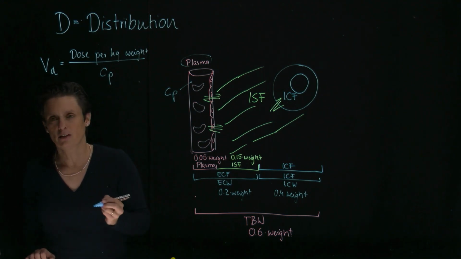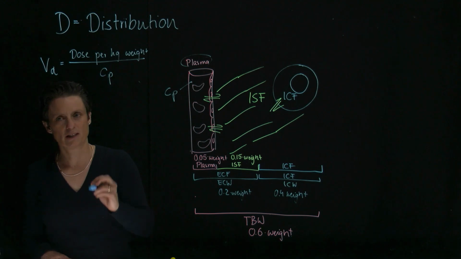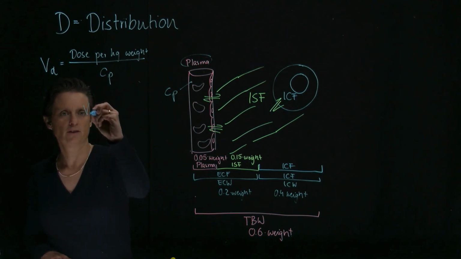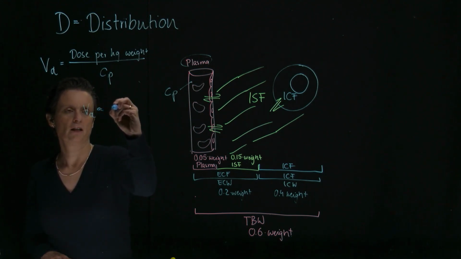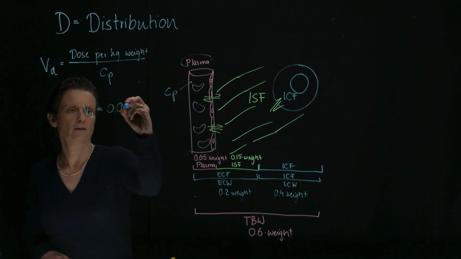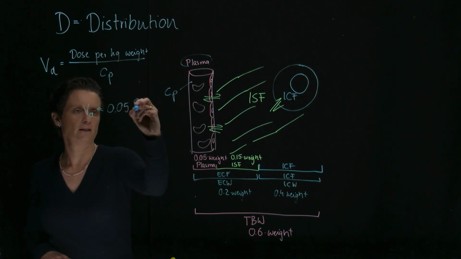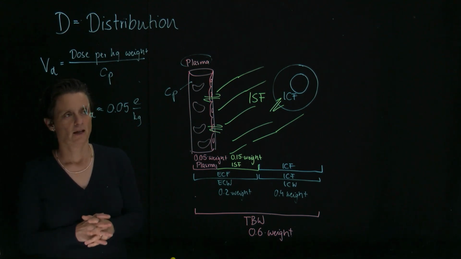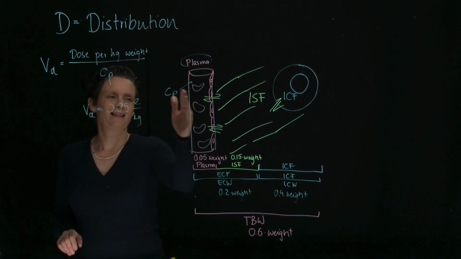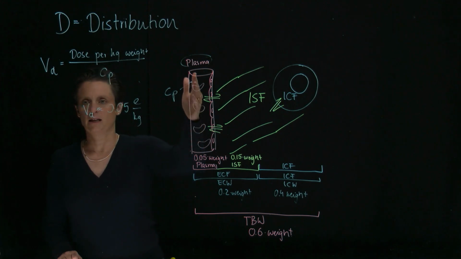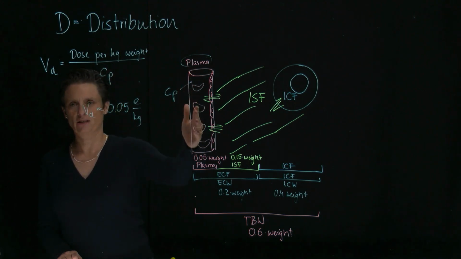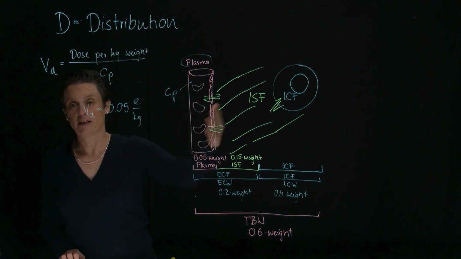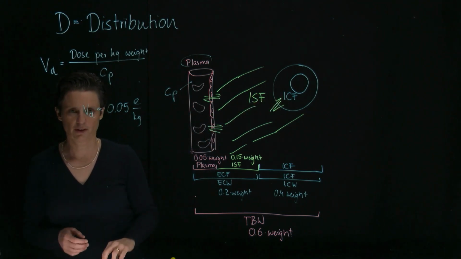Okay, so I'm going to give you now a couple of examples. Let's suppose the volume of distribution of a drug is 0.05 liters per kilogram. What does that mean? That would mean that the drug has just distributed into the plasma and didn't make it into any other body water.